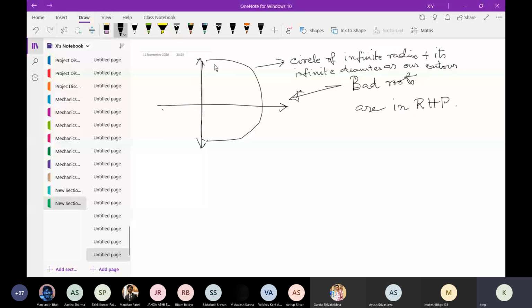So if we go along this contour, and if 1 plus GSHS has any roots out here, 1 plus GSHS equal to 0 has any roots on this side, we will immediately be able to detect it by checking this, the plot of GSHS.